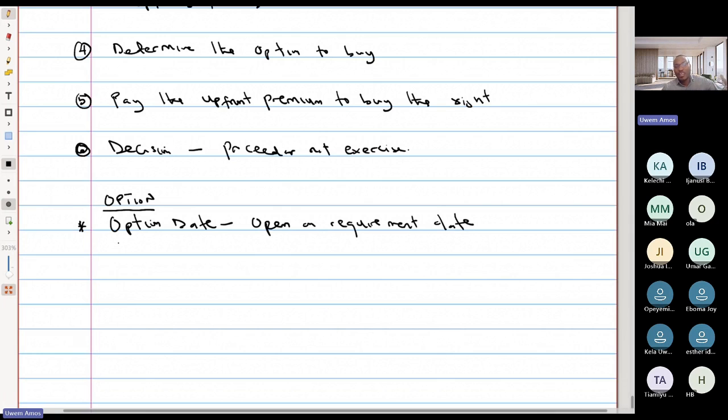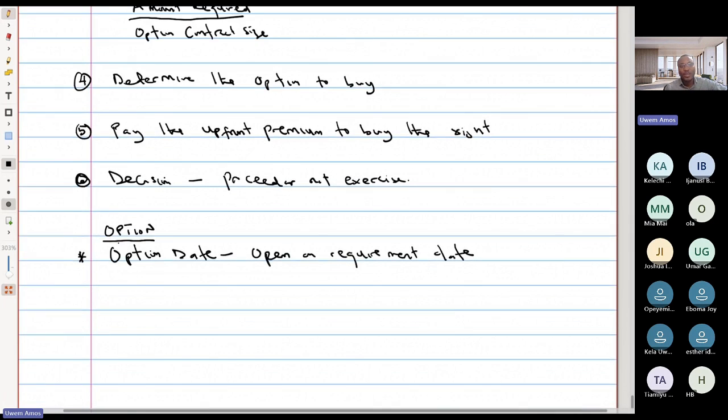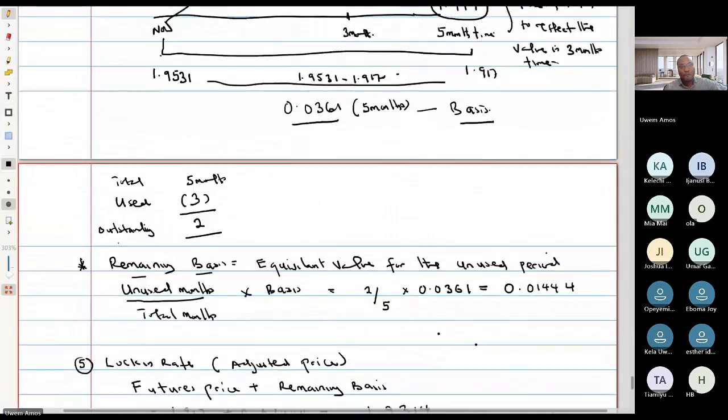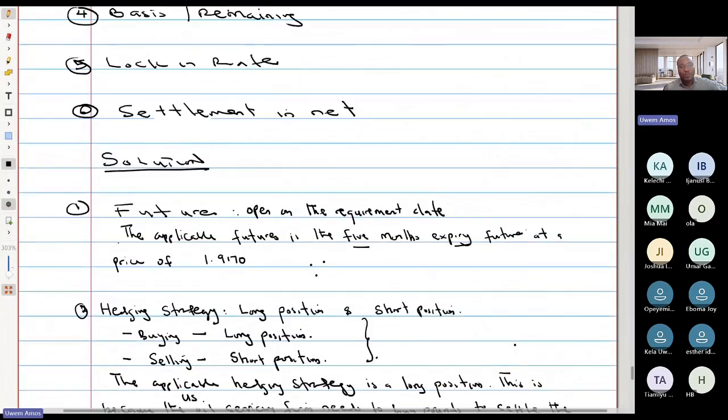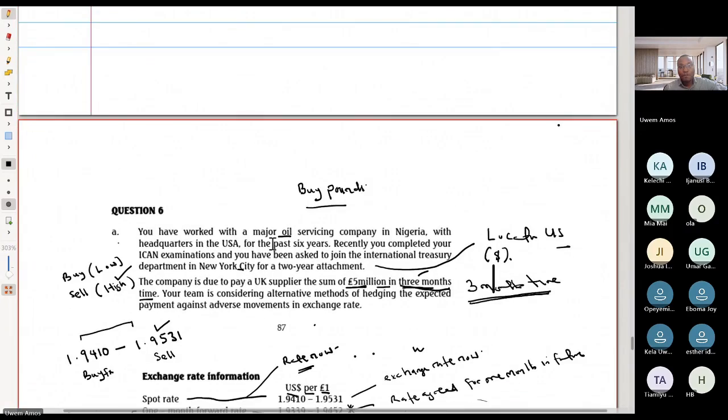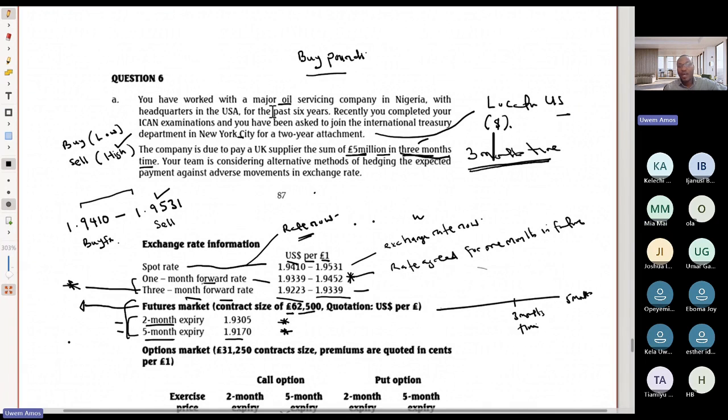Because that tells us when we require that transaction. So back to our question, when do we need to make the payment? In how many months' time? 3 months' time. The UK supplier needs to make the payment in 3 months' time. So we know that whatever option we are buying needs to be open in 3 months' time.